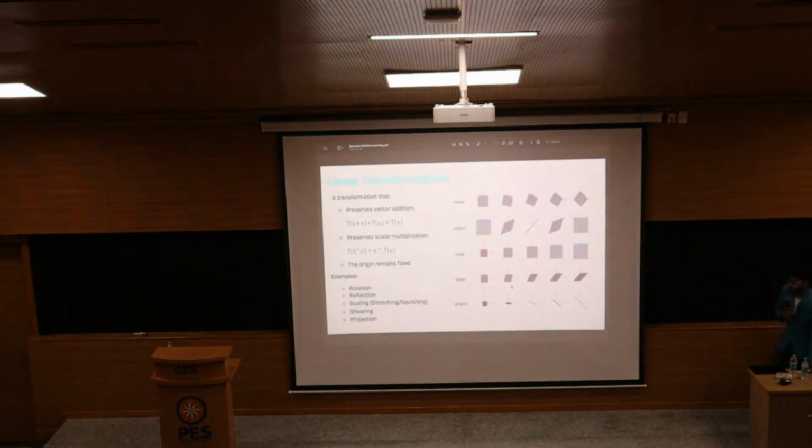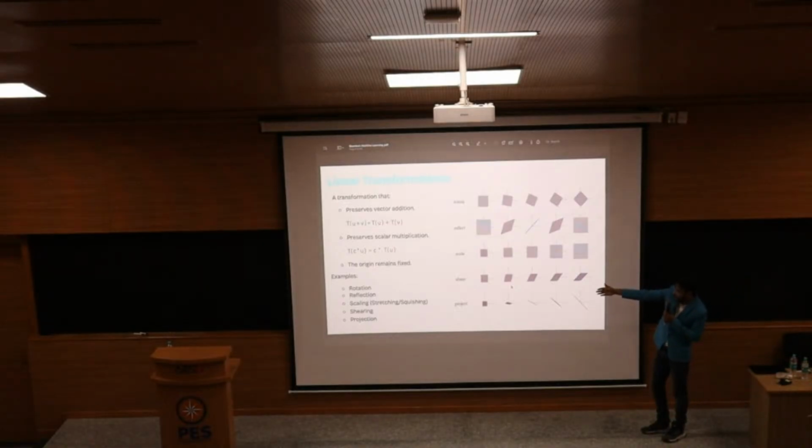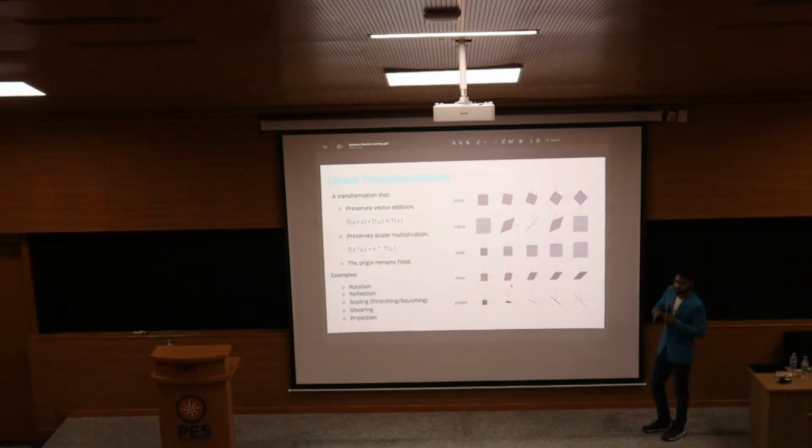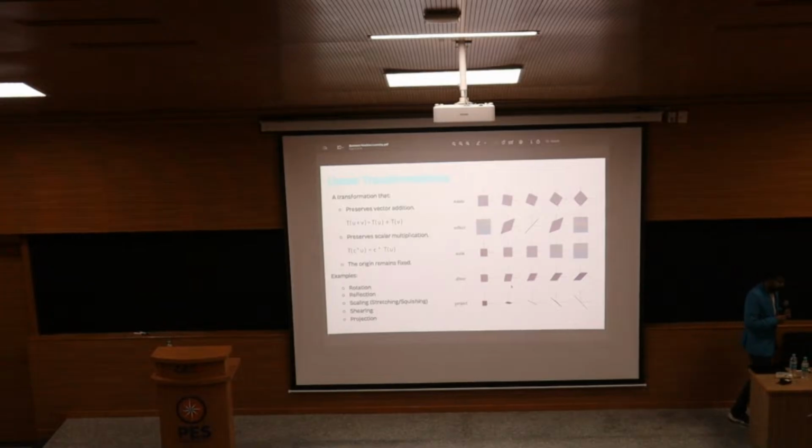Then I want to talk a little about linear transformations. You must be familiar with these kinds of linear transformations: rotation, reflection, scaling, shearing, projection. Basically, you are keeping the origin the same and just changing the vector, either scaling it or changing its direction.